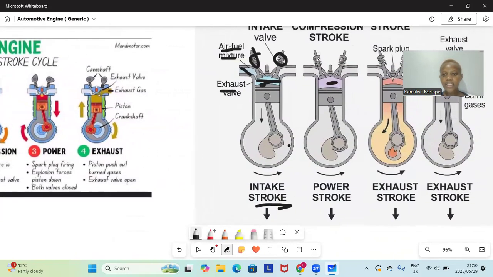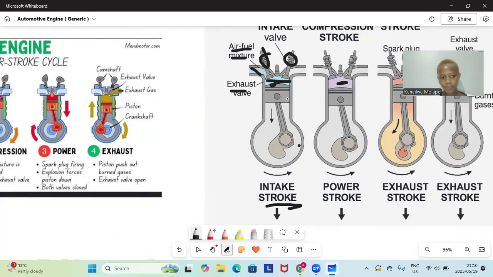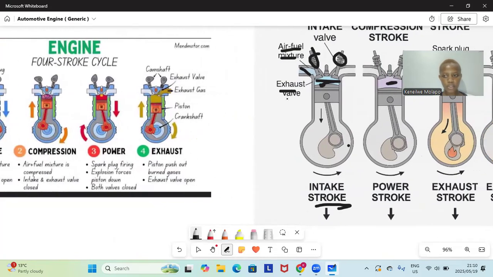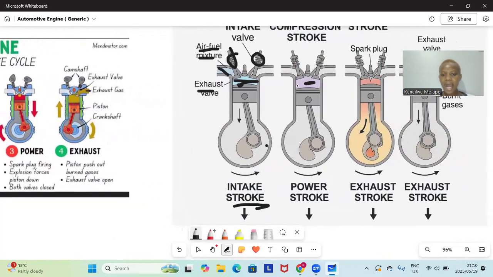When the intake valve is at work, the valves open up so that the air mixture can go in. But at the compression stroke, your intake valve and your exhaust valve are closed.